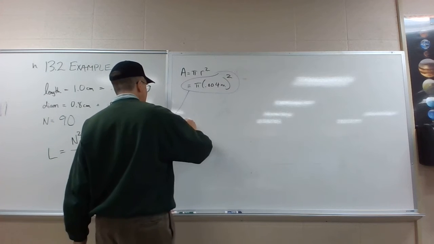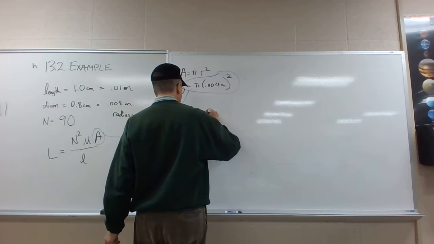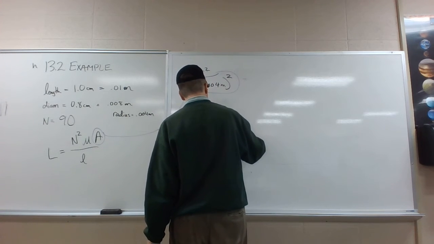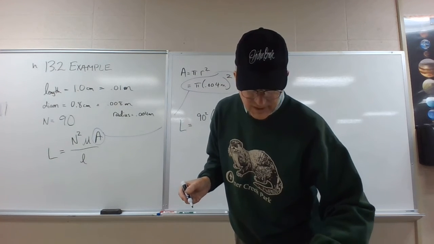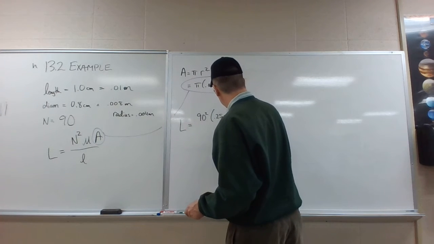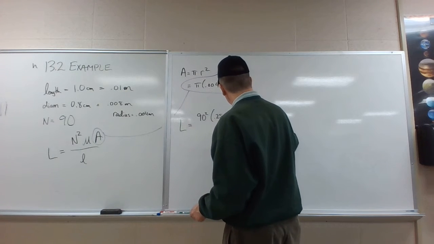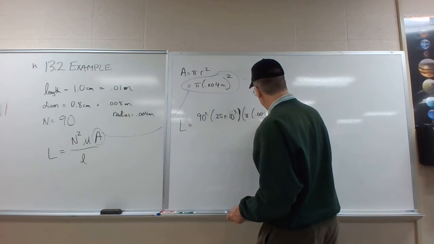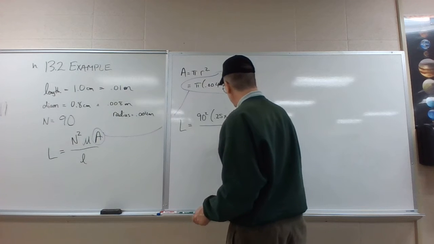So let's put all this in. L equals 90 squared times 0.25 times 10 to the negative 3 times pi times 0.004 squared, all divided by 0.01.